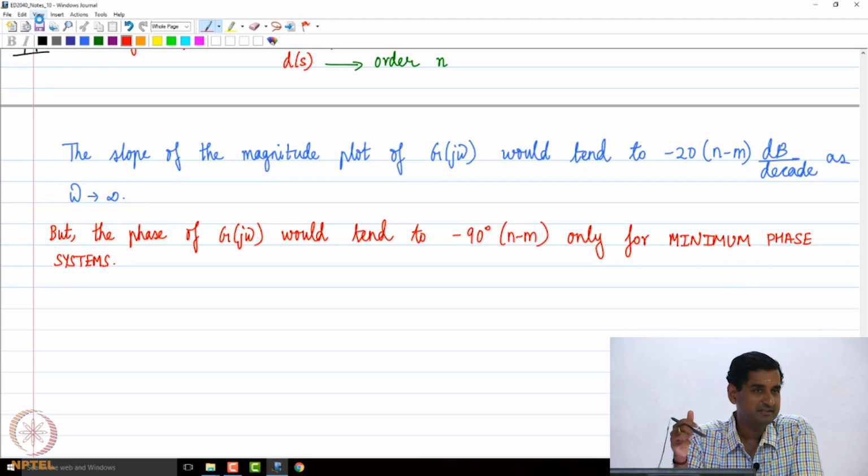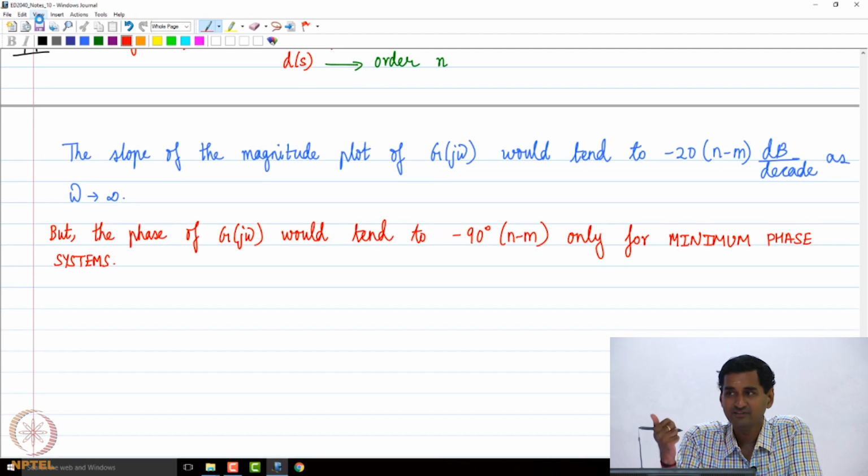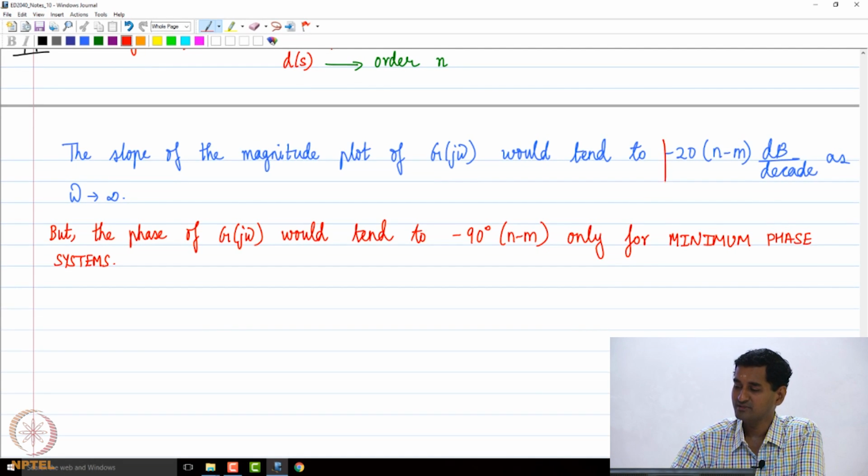If you conduct experiments and happen to get the magnitude plot and the phase plot, one could use this information to figure out the relative degree of the transfer function. From the magnitude plot, you look at the slope of the high frequency curve and you will get n minus m, because the slope is going to be minus 20 times (n minus m) decibels per decade.